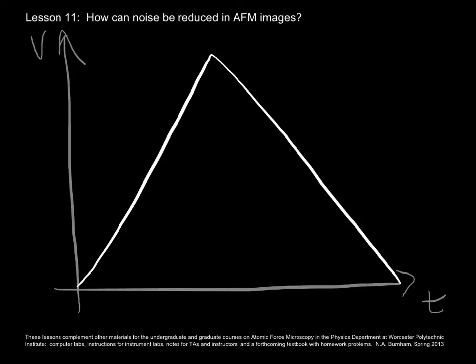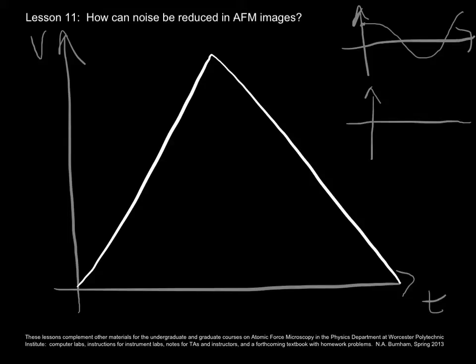Here we have half a cycle of a triangle wave. Voltage is a function of time. If we want to represent that as a sum of sine and cosine waves, what would we do? Well, first of all, it wouldn't be cosine. Cosine starts off as 1 at time equals 0, and so that is out of phase with this triangle wave, and so we would be using a sine wave, which is in phase with this triangle wave.